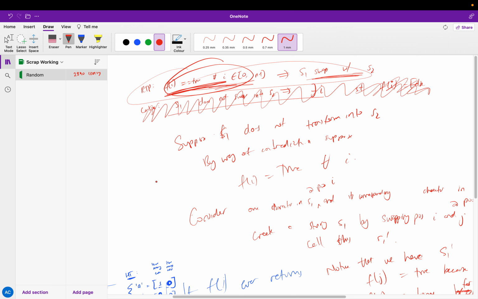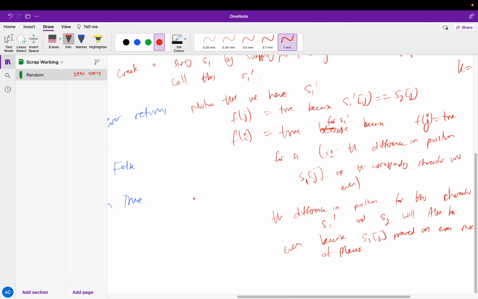And the character that was moved into a new position will still have an even discrepancy: its difference between its position and its corresponding position in S2 stays even because it was originally even and it moved an even number of times. So f of I for this S1 prime will stay true, and f of j for S1 prime will be true because it's moved to the correct spot. So that's proof. That's irrefutable.